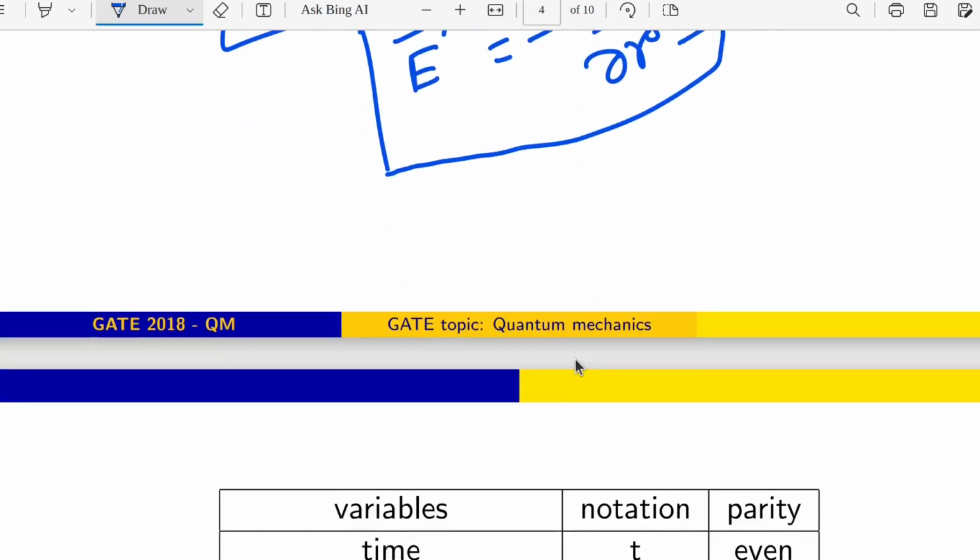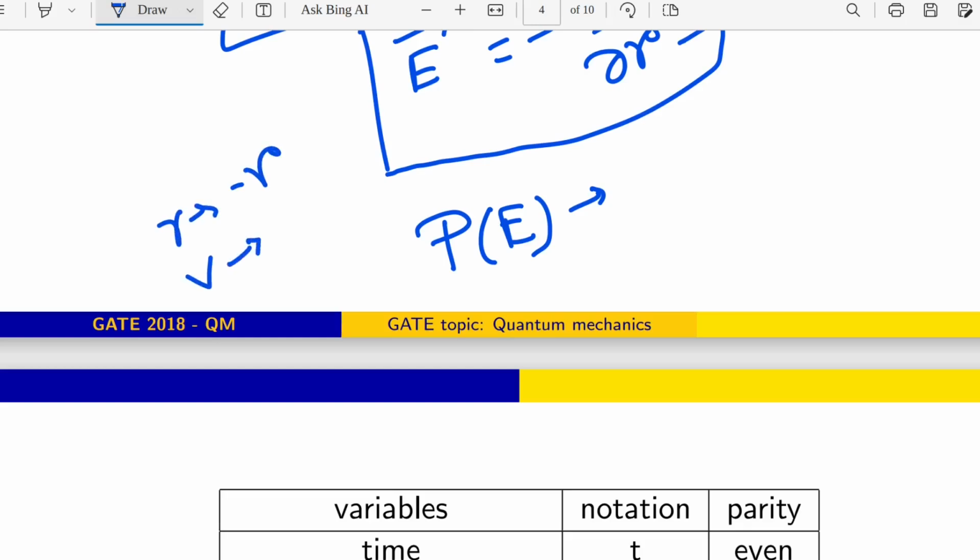Now if I apply P on E, then as we said R will go as minus R, and as V is a scalar, under parity V will remain V only.